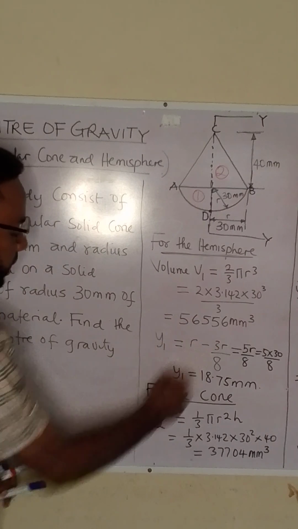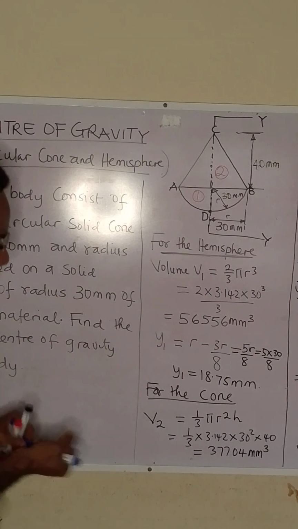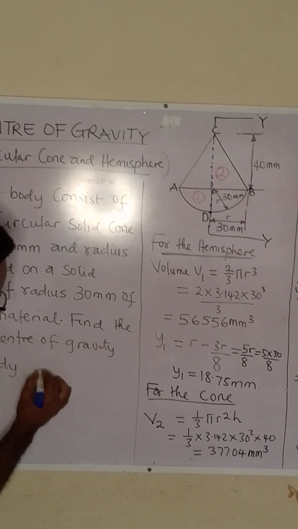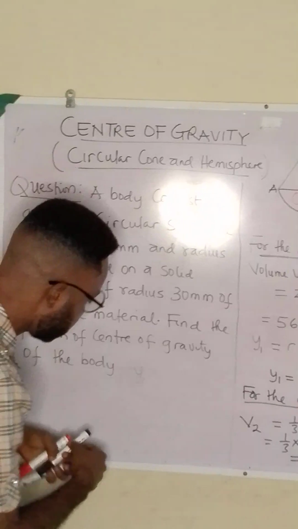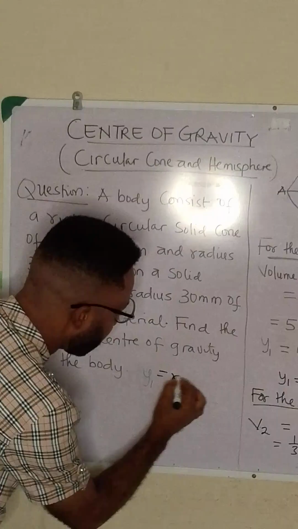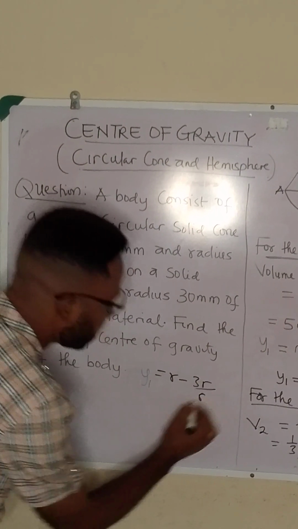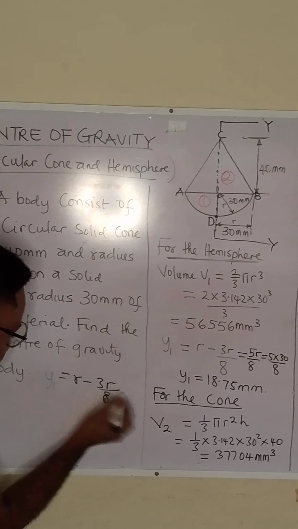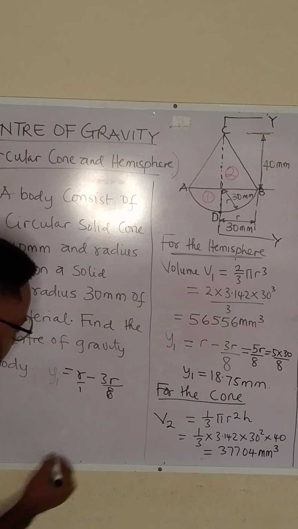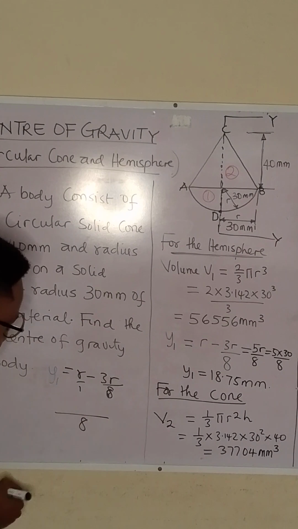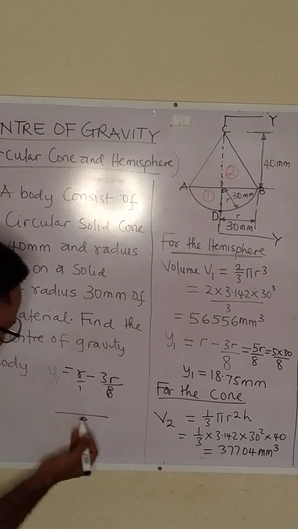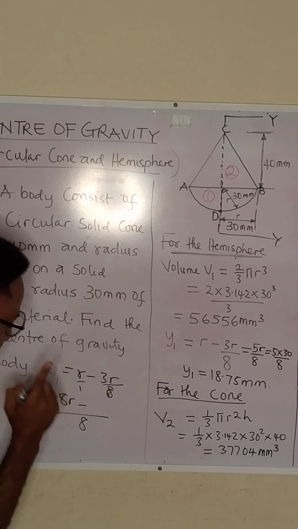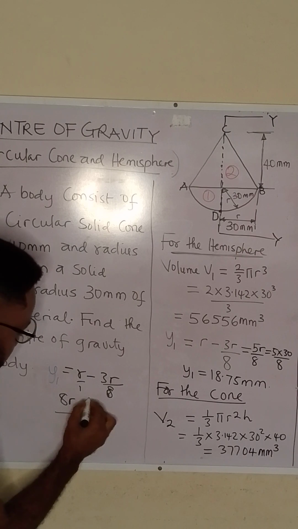We have r minus 3r all over 8. Since we have y1, let me use this, equal to r minus 3r all over 8. So in order to find this, we take the LCM: 8 times r will give us 8r, minus 1 multiplied by 3r, which gives us 3r.